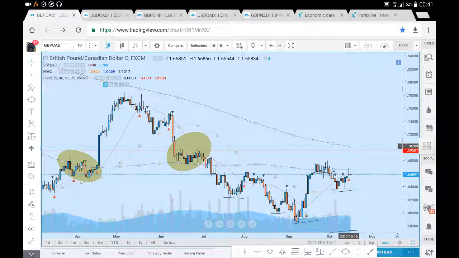We have seen prices reverse from the Brexit candle weekly low. So we'll have a look at that on the weekly chart.